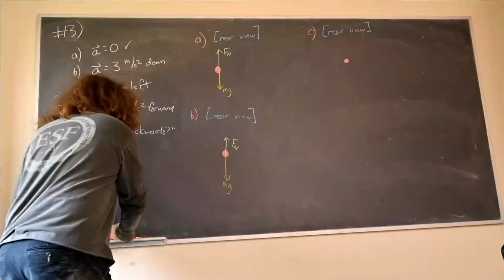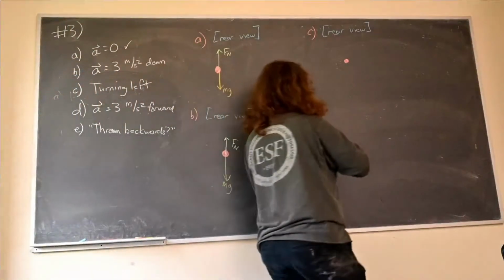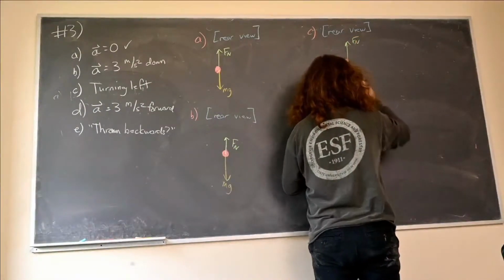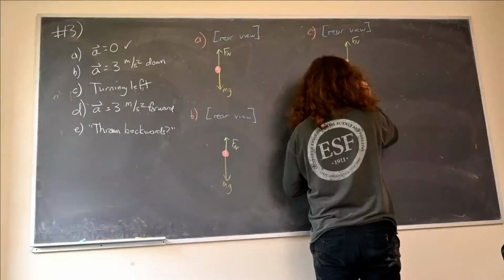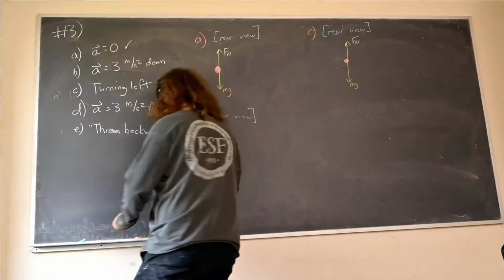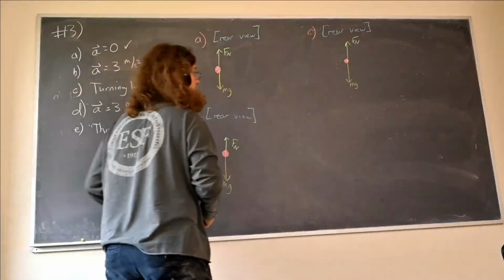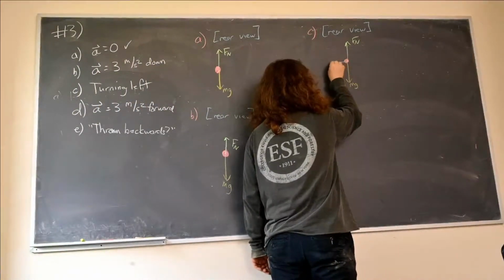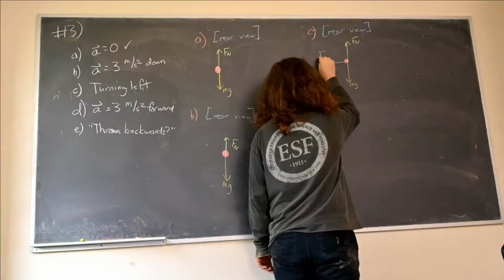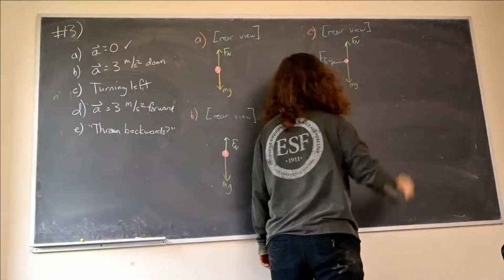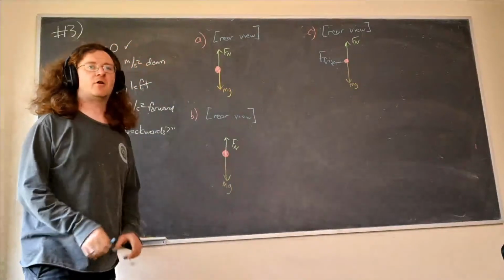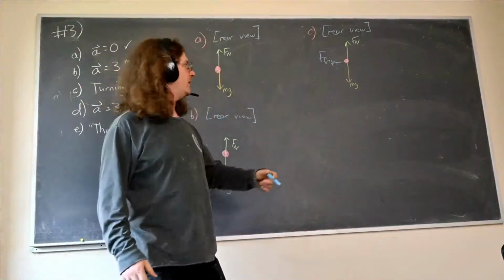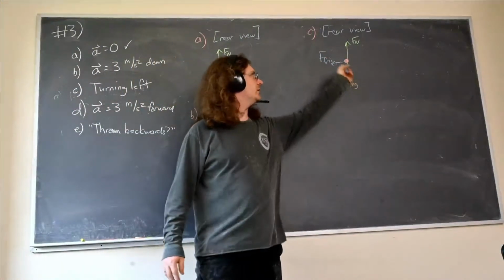So I have my normal force and gravity of the same length. But if I'm accelerating to the left, there must be some other force pointing to the left. And in this case, since I'm standing on the floor, that force is going to be static friction. Since coefficients of friction are less than 1, and this train is turning gently, then this arrow is going to be less than the normal force.